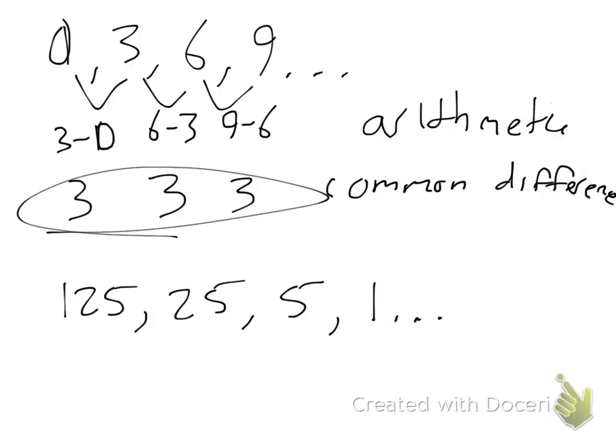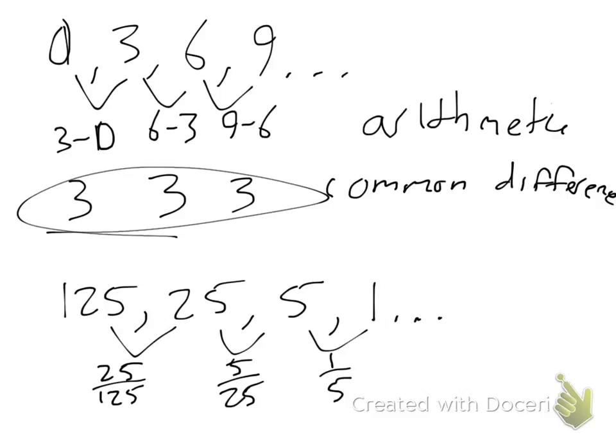And so, this means I would take the second number over the first number. And 25 over 125, 5 over 25, and 1 over 5 are all the same fraction. They have the same ratio. That ratio happens to be 1 over 5. They all reduce to 1 over 5, right?